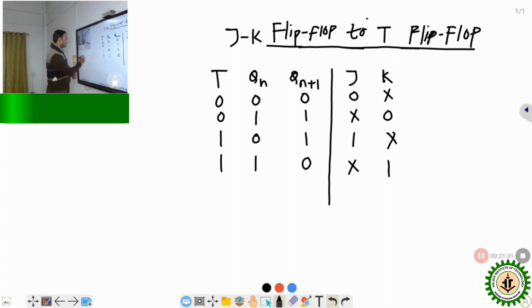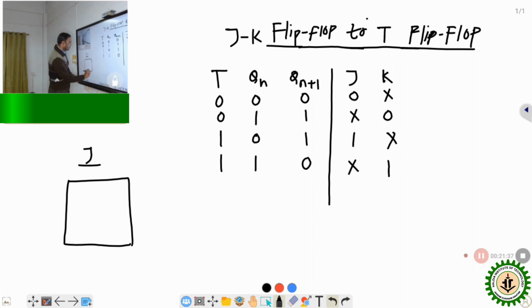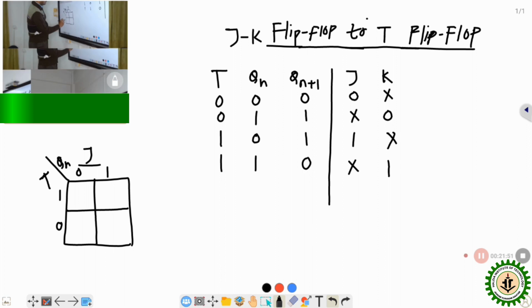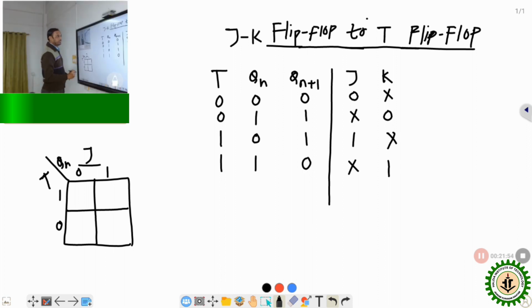Now simplify J and K. 0 don't care, 1 don't care. 0 don't care, 1 don't care. So J will be 0.